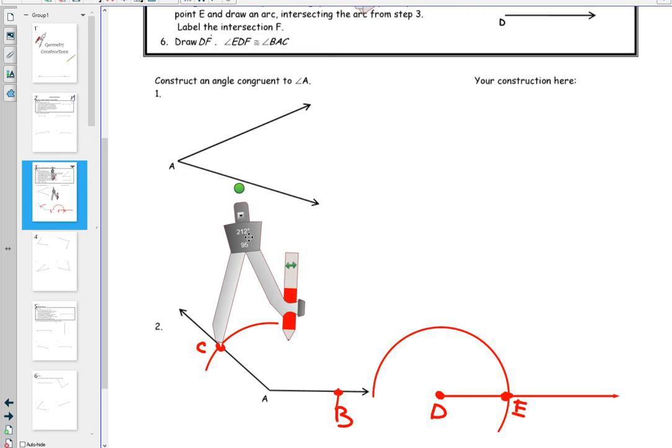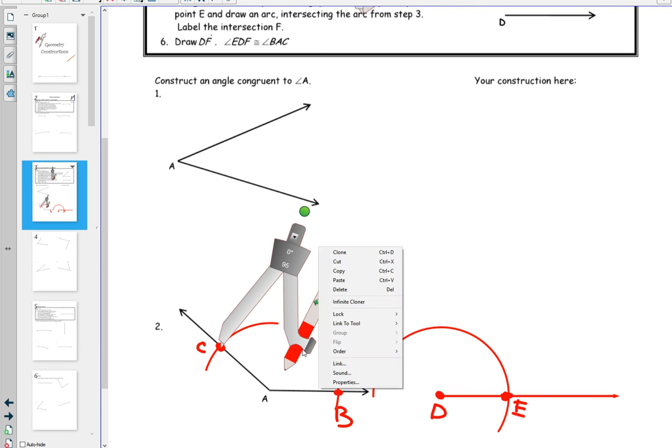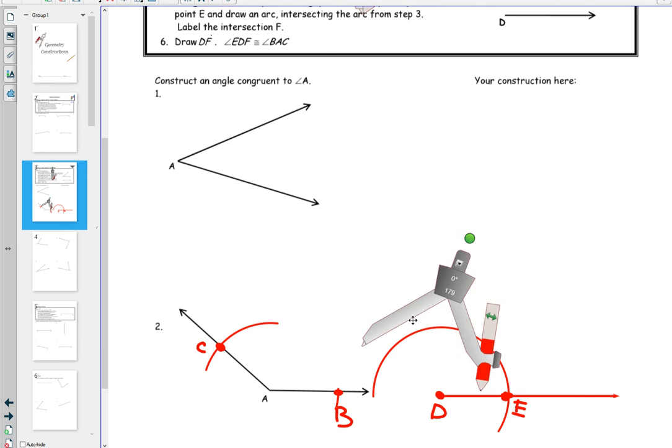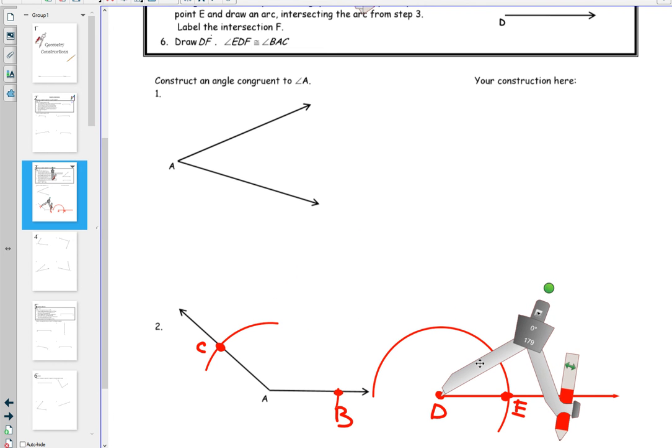There's an angle. No. Your first point, you can go wherever. Okay, so measure how far it is from C to B. Then you bring that back over to D. And wherever they cross, that's where you're going to draw the angle, which you should expect to see an obtuse angle.